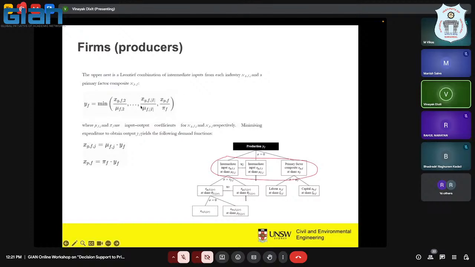That's what this formula is saying. It is taking the minimum, where each one is an intermediate input, and there is a factor associated with how much it actually contributes to the production. The minimum of this will be the actual production of that commodity.